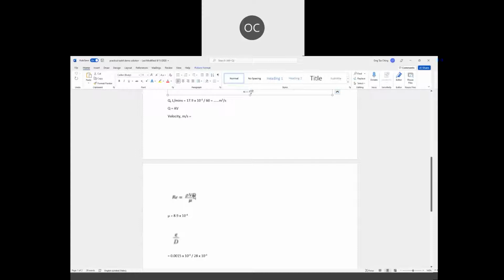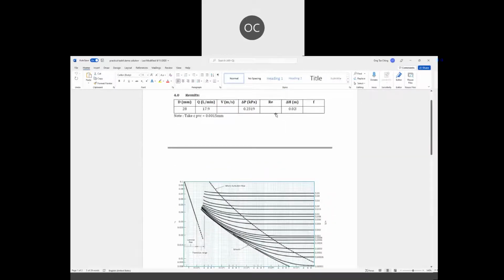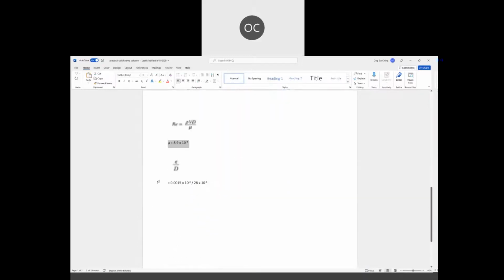Put the velocity in here, the diameter in here, and the kinematic viscosity, you will have this value, 8.9 times 10 to the power of negative 4, a fixed value at 25 degrees C, ambient temperature. Using this value, you are able to obtain the Reynolds number.